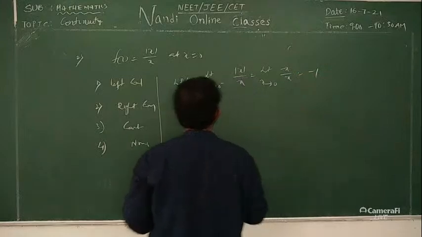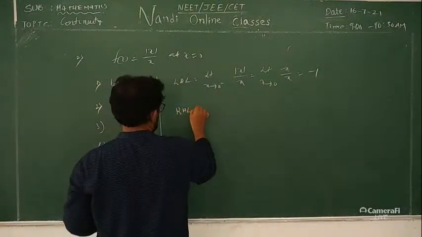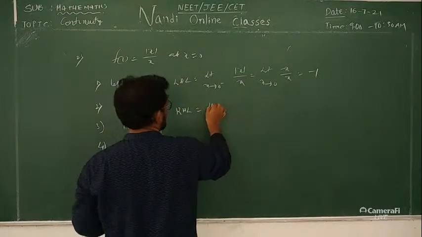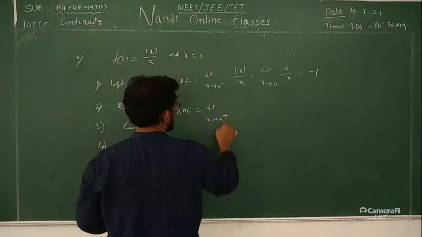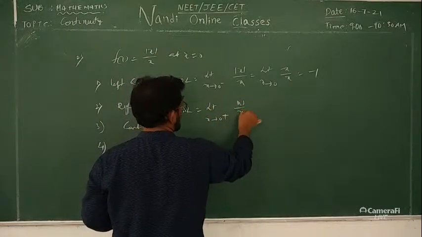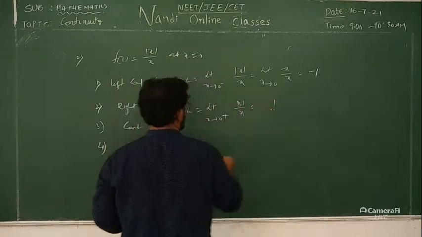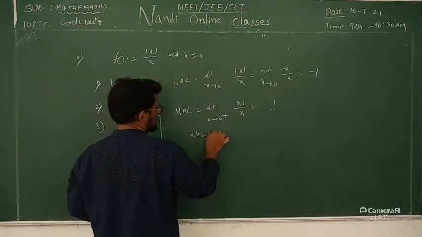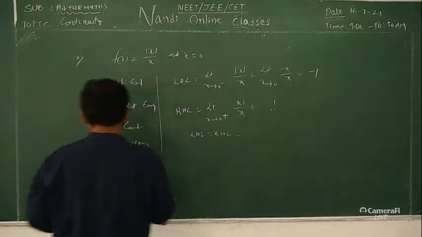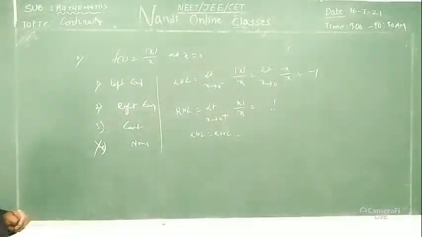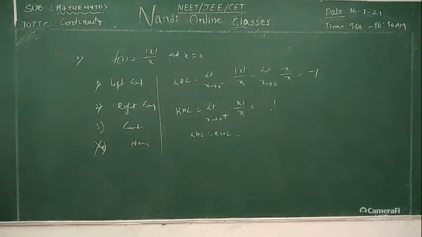Your answer is minus 1. RHL, limit x tends to 0 plus, this answer is 1. Both are not matching. So therefore the limit does not exist.